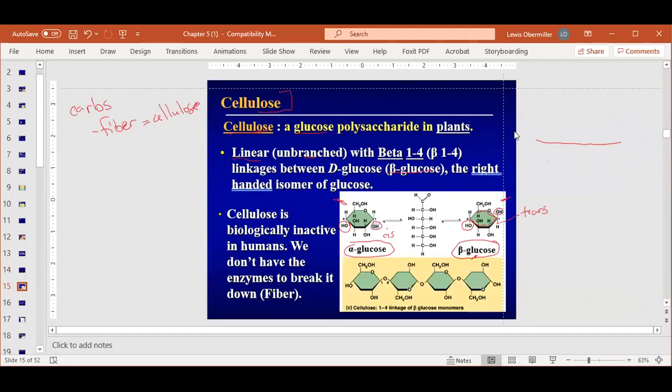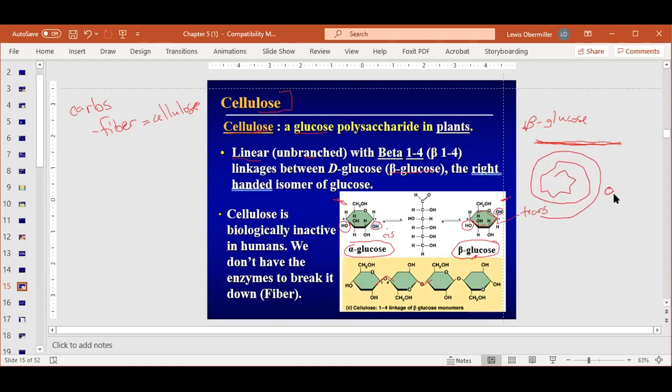So with beta glucoses, we get this flat, linear structure. And it's because they go up and down, whereas the other ones go up and then they go up again. And by doing this, you're forced into this helix structure, like so.